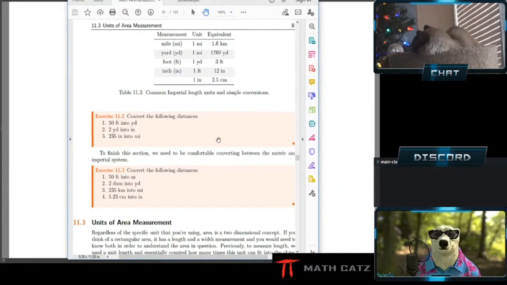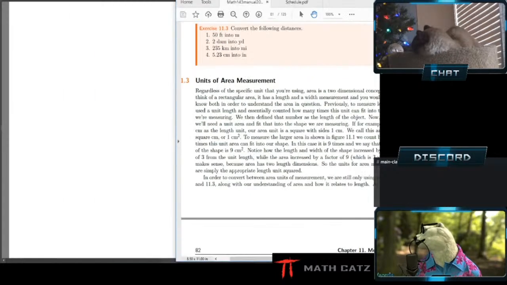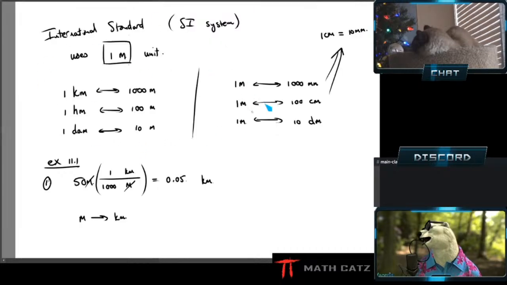All right, so now let's look at exercise 11.3, where we have to convert between two units. One is in the English system and one is in the SI system, one way or another. So now you'd have access to all of this, the linking conversions as well, and these, let's say, maybe not that one.